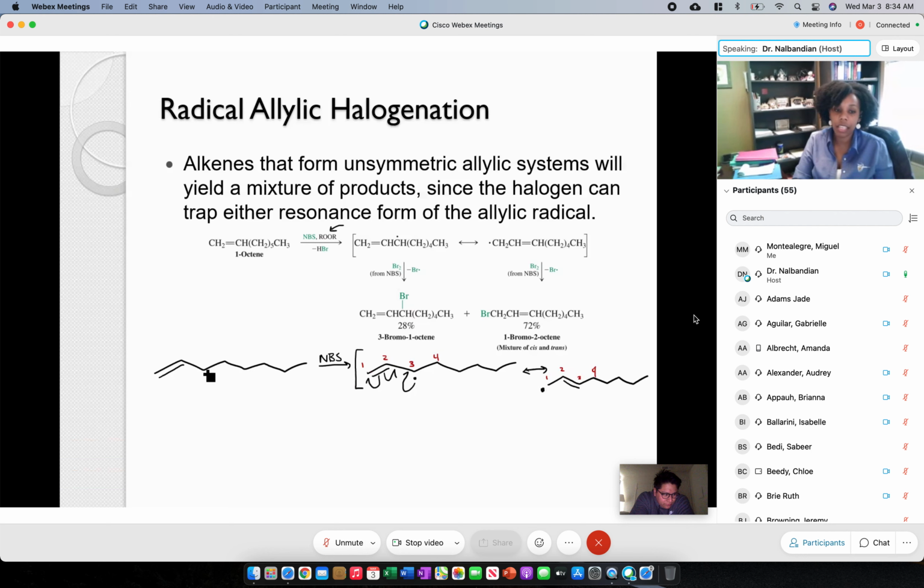So then we know that when we add in bromine, when we add in NBS, we're going to have some bromine there. And so these both can react with bromine in our second propagation step. And so we end up with bromine here, along with bromine here.